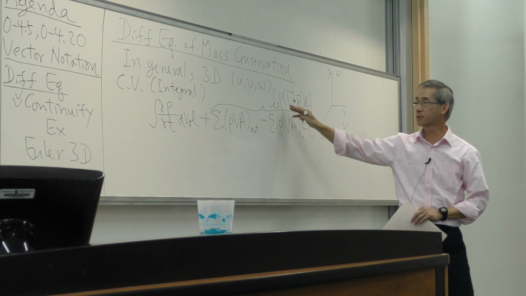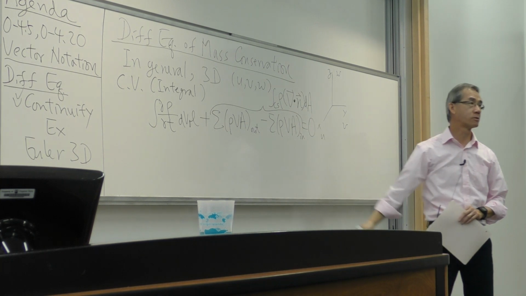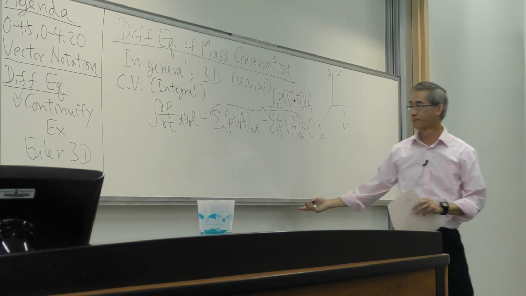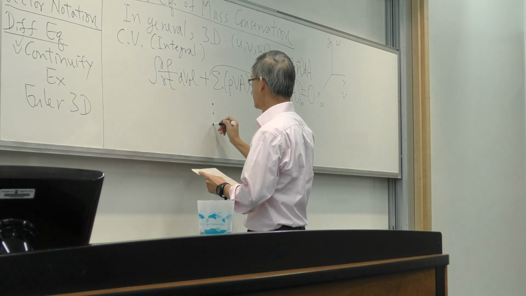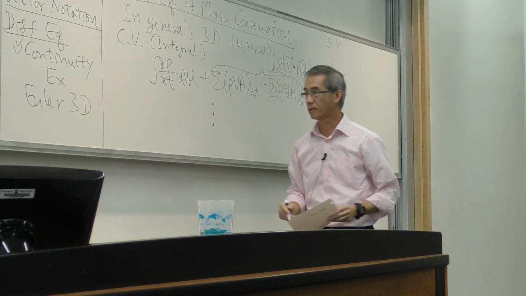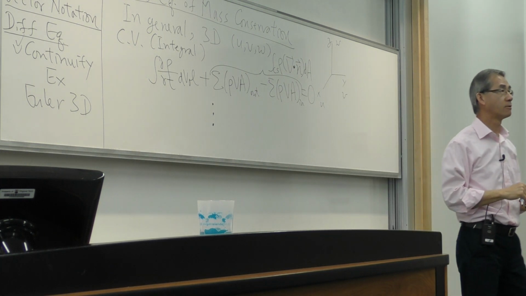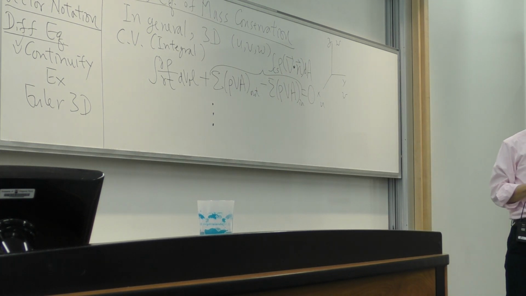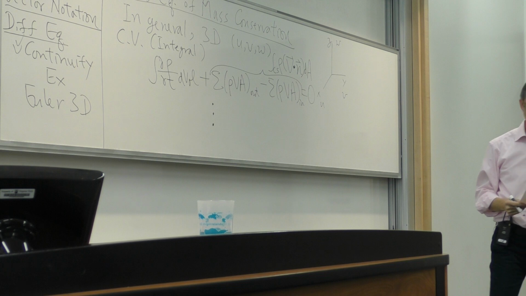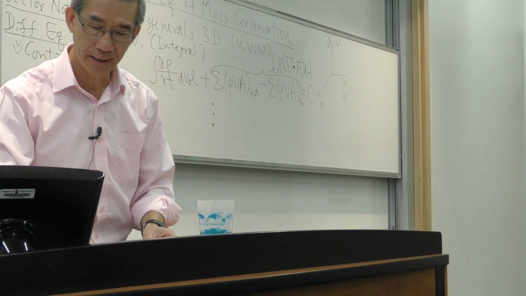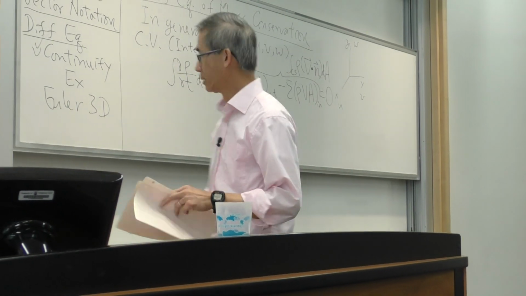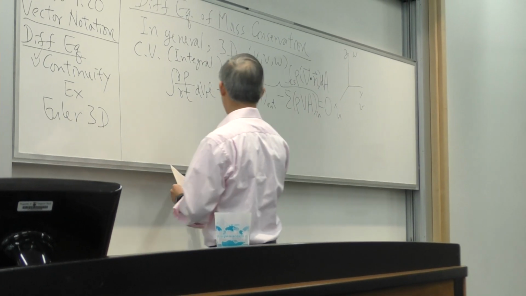This is now a notation we will use to come up with the differential form, which is what we will do after the example, and it will take about 15 minutes, so that when I'm done, the equivalent equation of continuity in the differential form will look like the following.